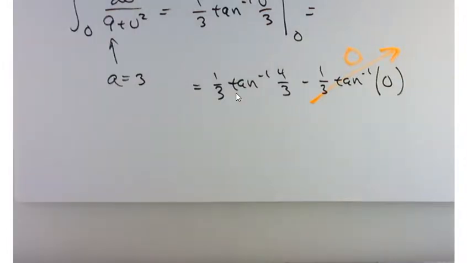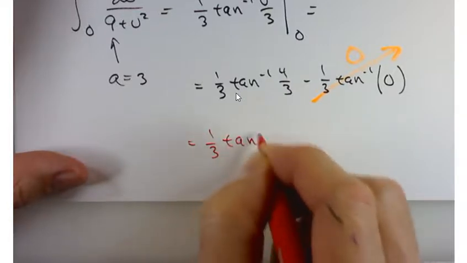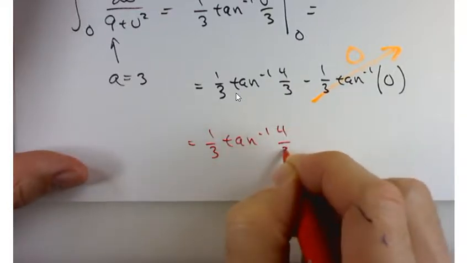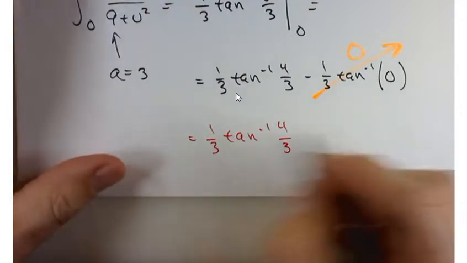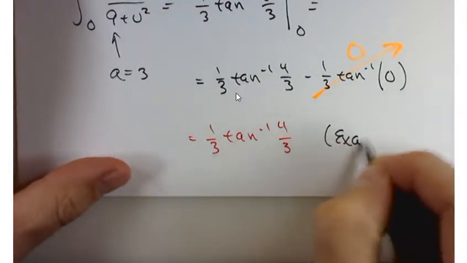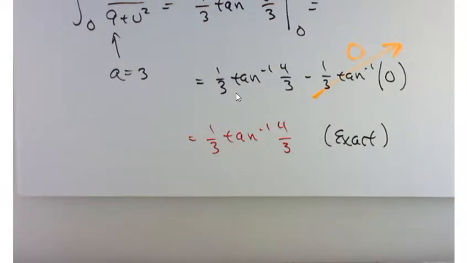So that just disappears altogether. You're just left with 1/3 tangent inverse of 4/3. Now that's a nice exact answer. We will go through doing some of these things on a graphing calculator and coming up with numerical answers, but if I ask you for an exact answer, this is what I want. I want a nice expression. I don't want decimals.